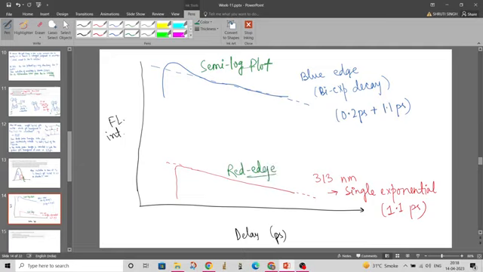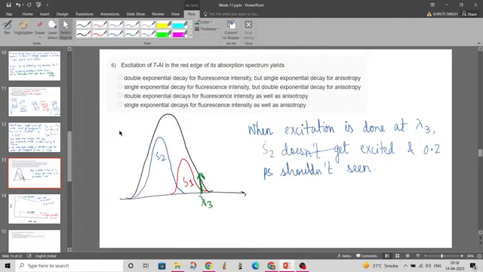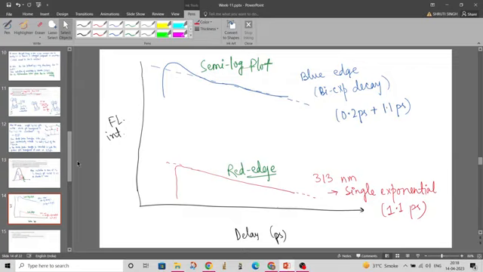So in the red edge, the fluorescence intensity is single exponential. So single exponential for the fluorescence. So it could be either option B or D according to the fluorescence intensity being single exponential. But let's see how is the anisotropy decay in the red edge.